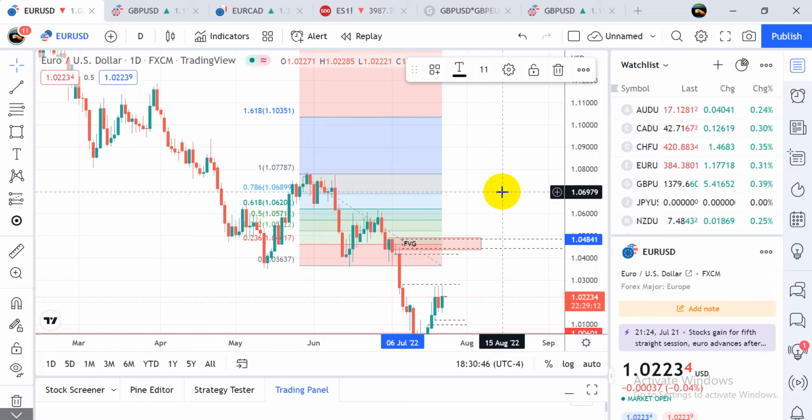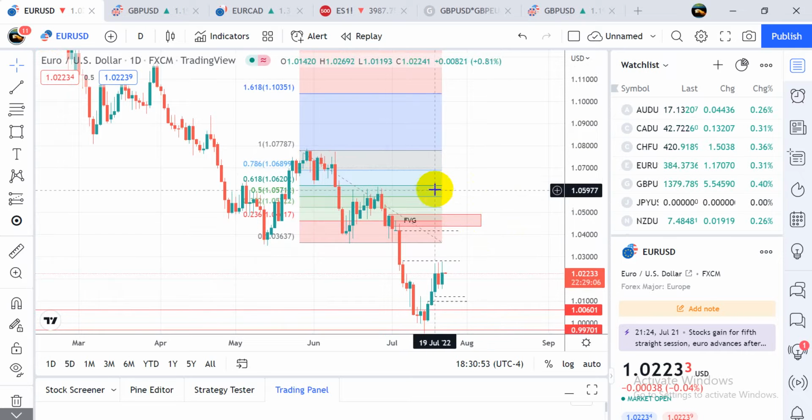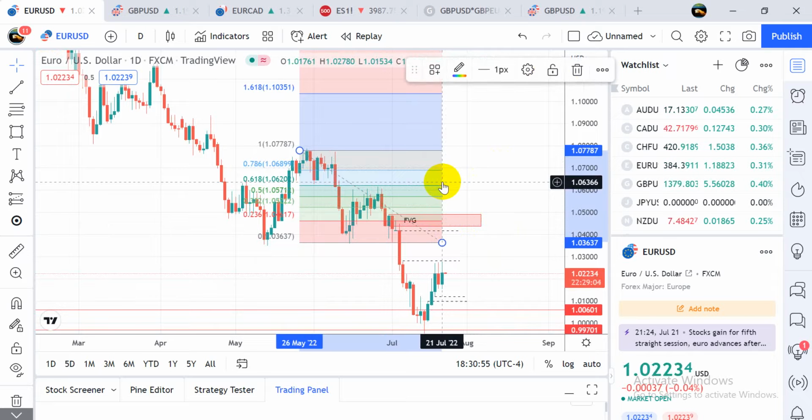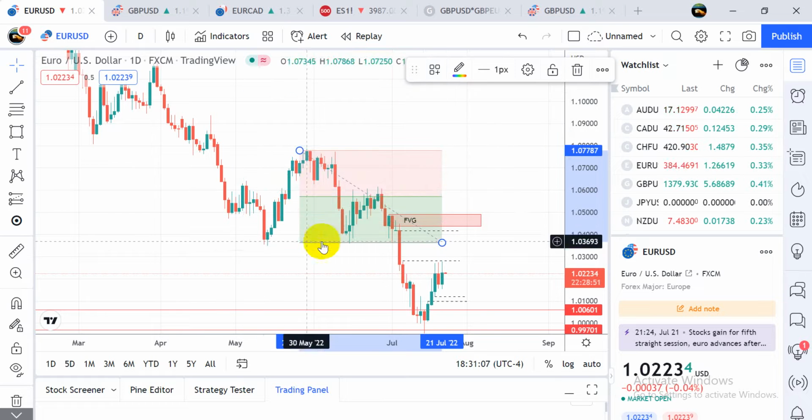We can work with 50% or anything above 50%, because if we want to sell, we want to get the best price, so we want to sell at either equilibrium or at premium. We don't want to be selling at discounts. Okay, so that's just it.